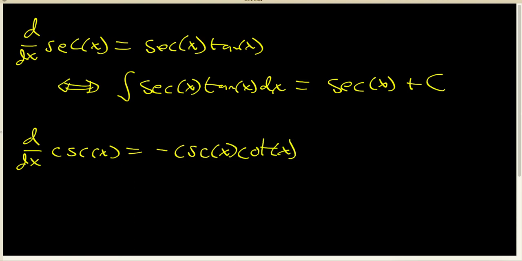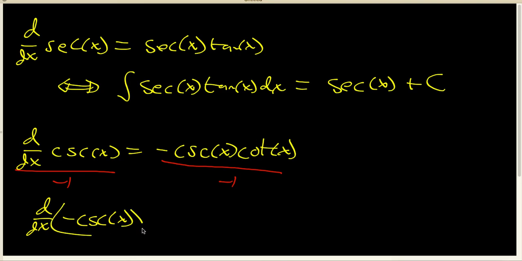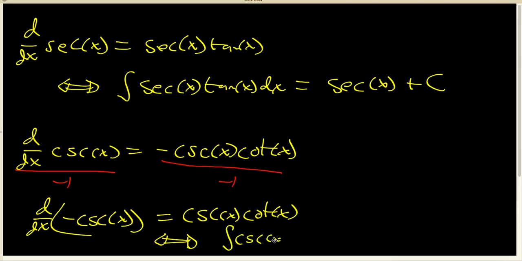And if I divide this particular equation by -1, I get the equation, the derivative of minus cosecant of x will be positive cosecant of x times cotangent of x, and so the equivalent integration fact will be that the integral of cosecant of x times cotangent of x is minus the cosecant of x plus any constant that you want to add.